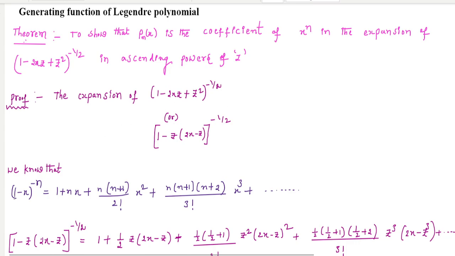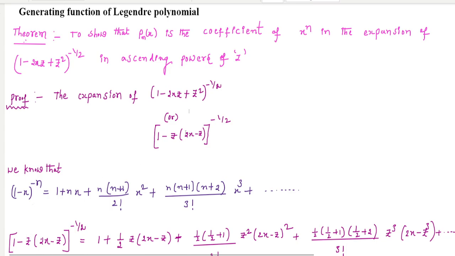We know the formula: (1 minus x) whole power minus n is 1 plus nx plus n into n plus 1 divided by 2 factorial x square plus n into n plus 1 into n plus 2 divided by 3 factorial x cube and so on. So we need to use this formula to expand this polynomial function like this.